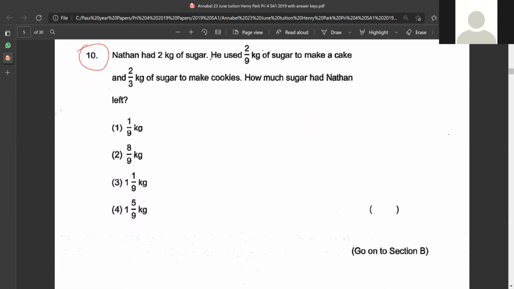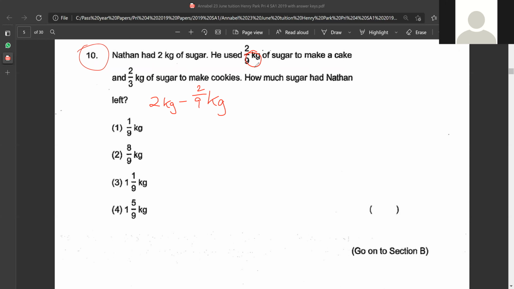Okay, Nathan had 2 kg of sugar. He used 2/9 kg, not 2/9 of the sugar, 2/9 kg to make a cake. This fraction is a quantity.